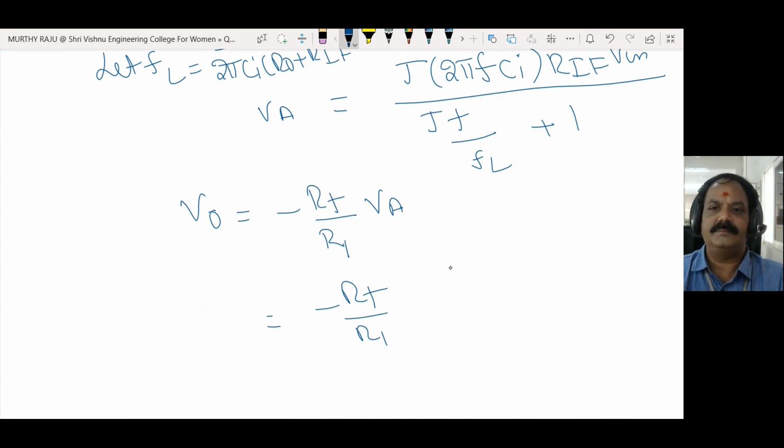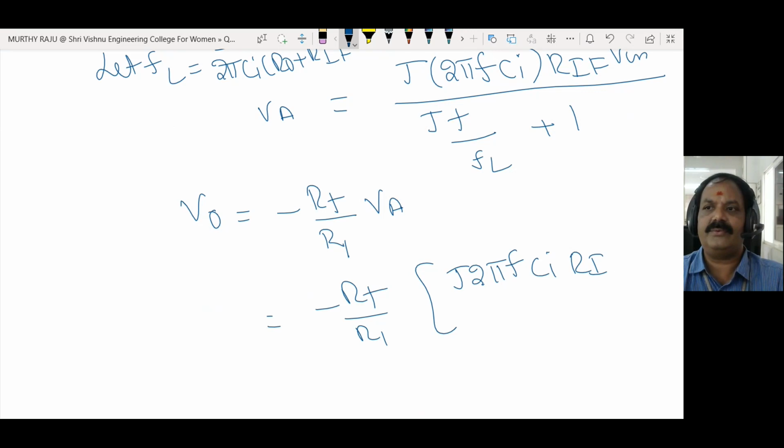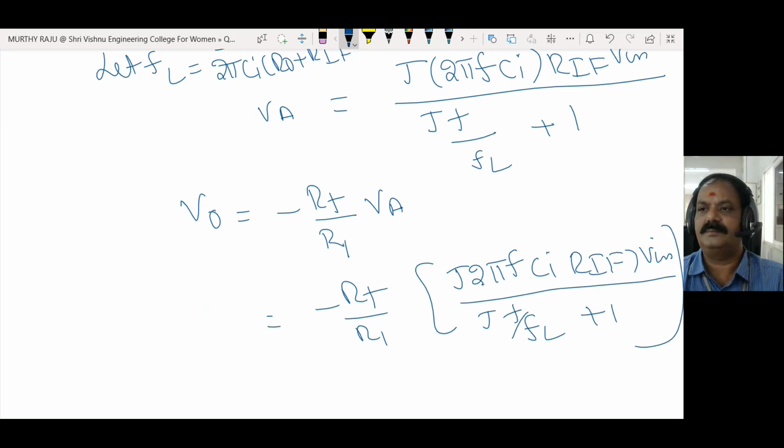VA is equal to j 2 pi f CA RIF into V in, by 1 plus j into f by FL.